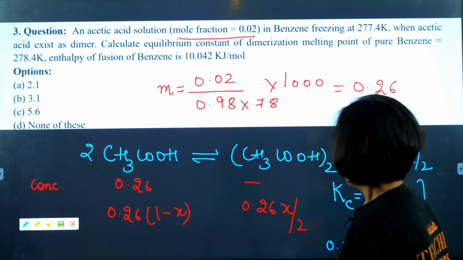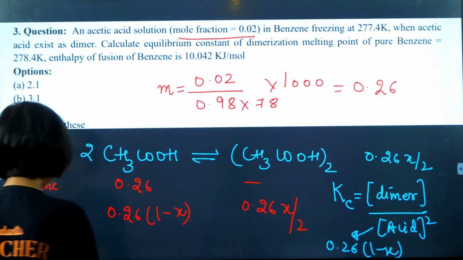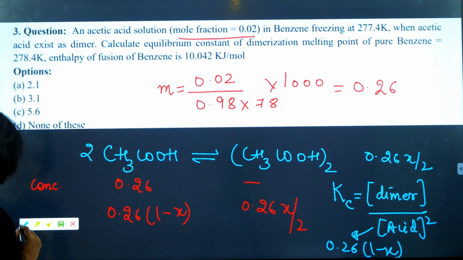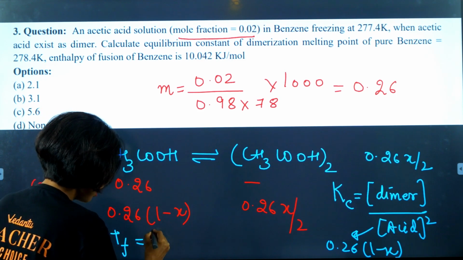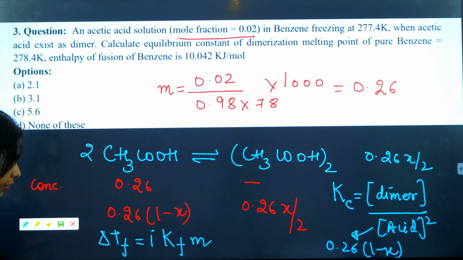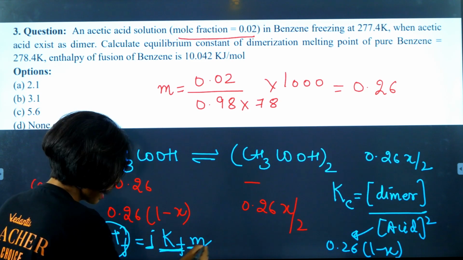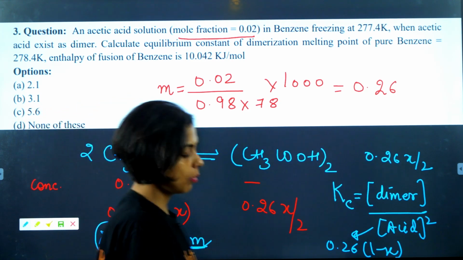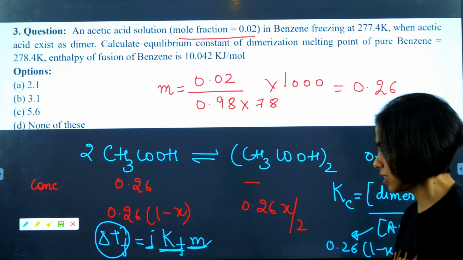Now, once you calculate Kf for benzene, what equation are you supposed to use? Delta Tf is equal to i Kf m. Delta Tf, Kf, and molality you already know for benzene. Now, because it is dimerization, association is there.